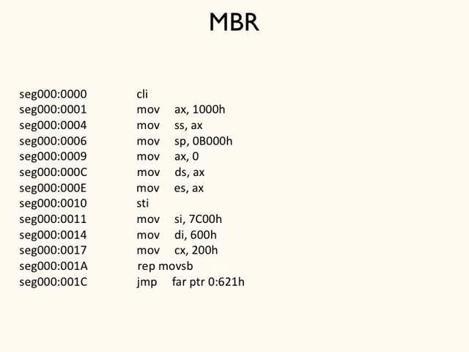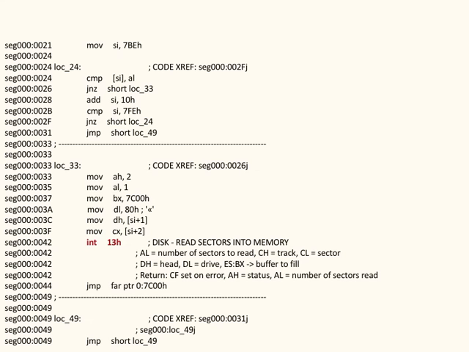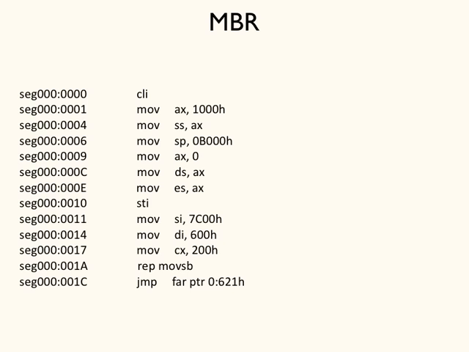That's what it is doing. It is copying all 512 bytes to another location. And after that, it technically has to jump to the next instruction, but the next instruction is not at the next address anymore. They have been moved. So that's why it's a far jump to another place.